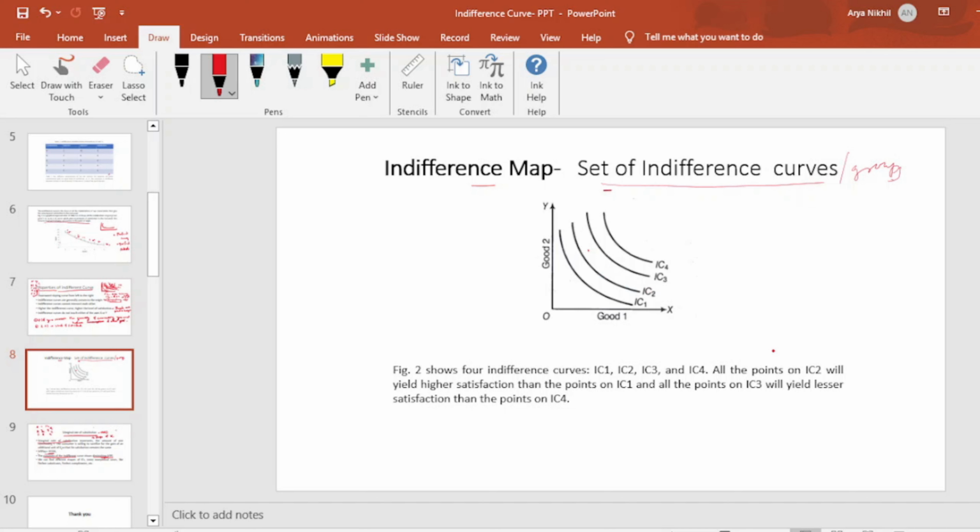So all the points on IC2 will yield higher satisfaction than the points on IC1, and all the points on IC3 will yield lesser satisfaction than the points on IC4. All points on IC4 give more satisfaction than points on IC1, IC2 and IC3. Higher the indifferent curve, higher the level of satisfaction.